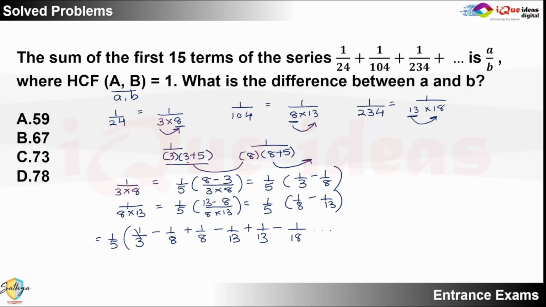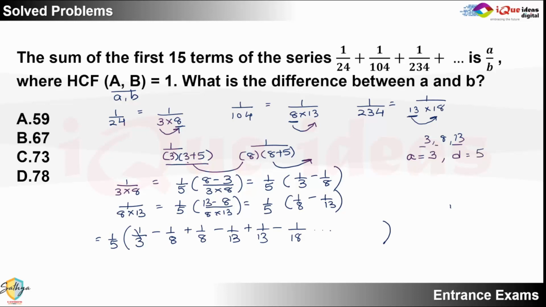The main thing that I need to identify is what will be the last two terms of this series. I know that the series of numbers is 3, 8, 13. These are the first terms of the denominator. So I can use a, the first term, as 3 and the common difference for the arithmetic progression as 5.